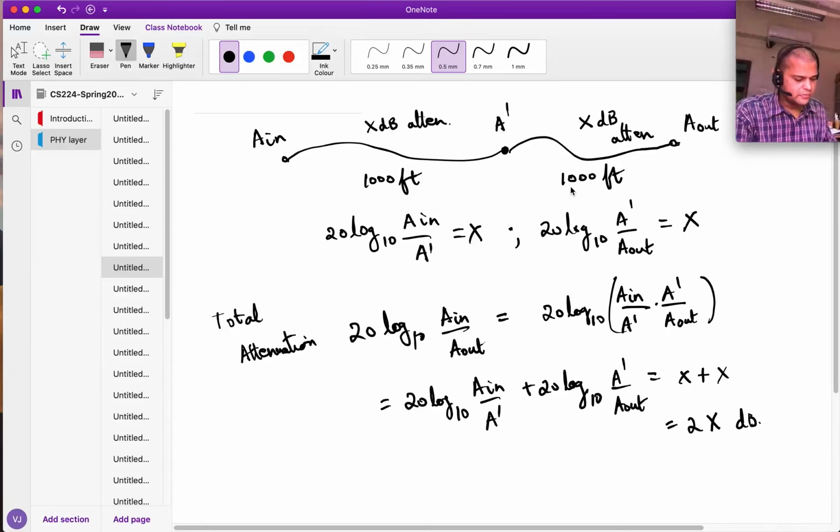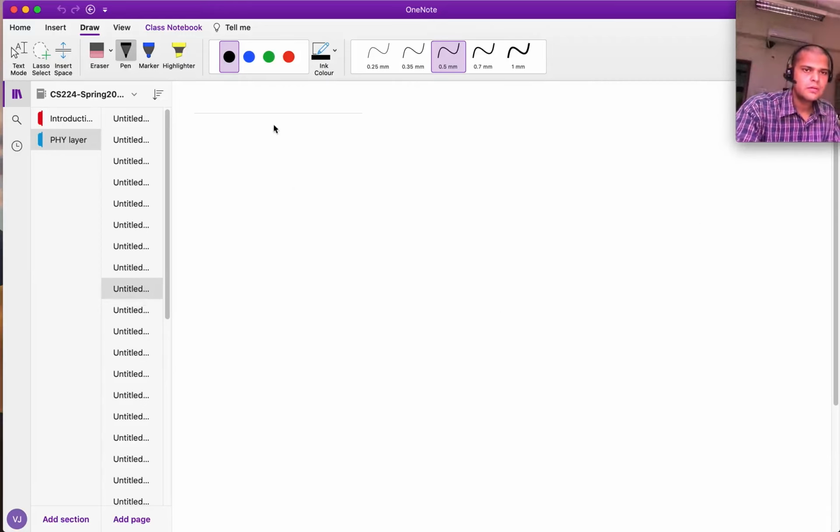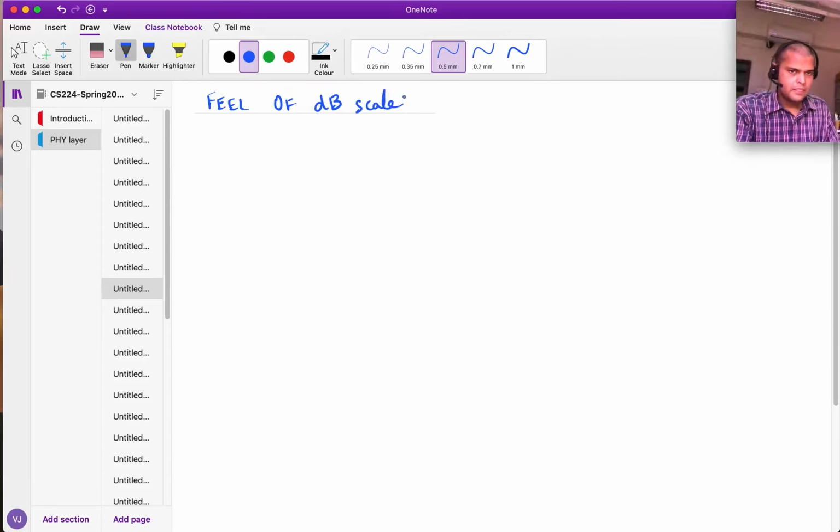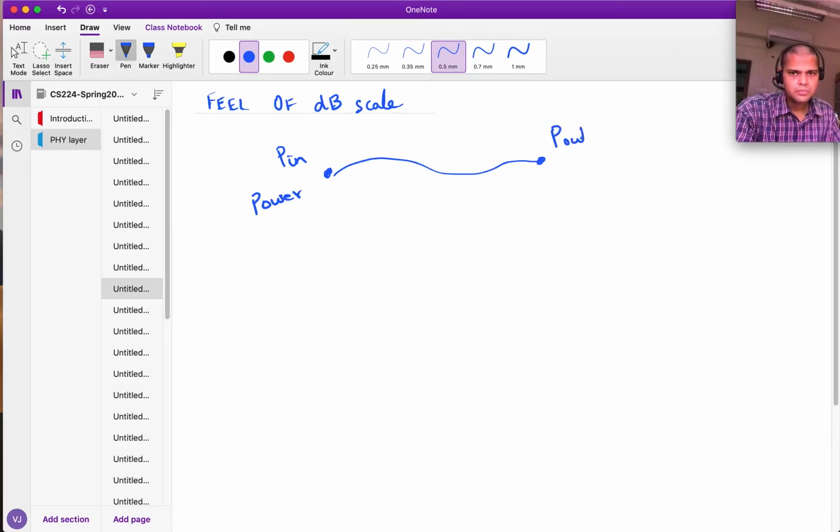So let's just get a feel of what these numbers are. Let's say if you become a network engineer, right, you need to have this sort of an intuition. So suppose I have, let's say, a wire, and I have, this is my power which was input, and this is the power output.